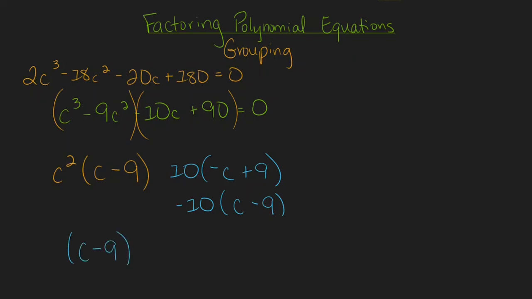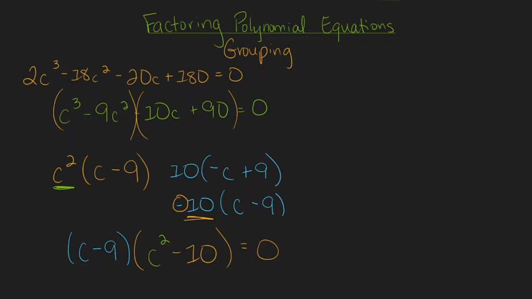My second factor comes from the 2 greatest common factors that I had pulled out, the c squared and the negative 10. This will give me a factor of c squared minus 10. And I knew to use subtraction instead of addition here because of the sign on this greatest common factor. Don't forget that this is all still equal to 0.